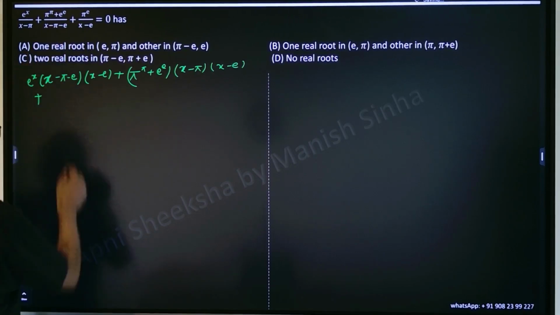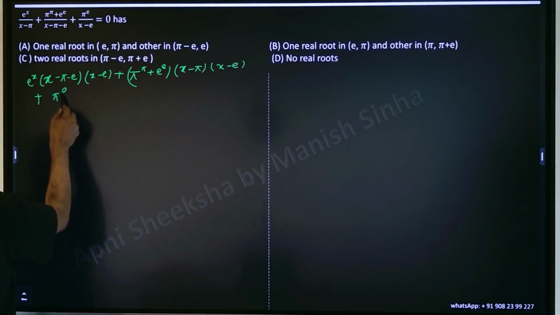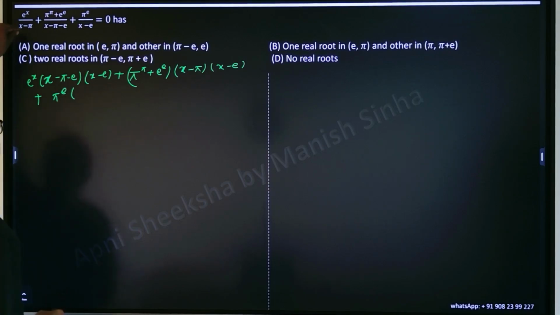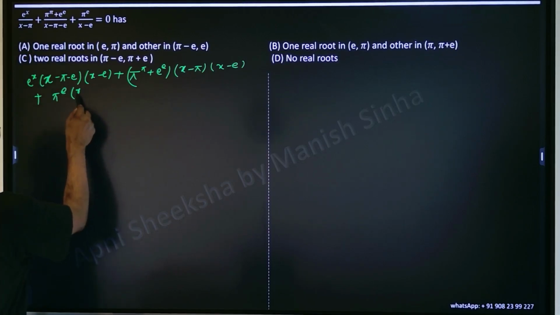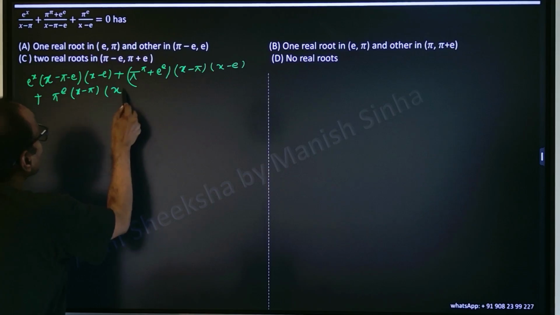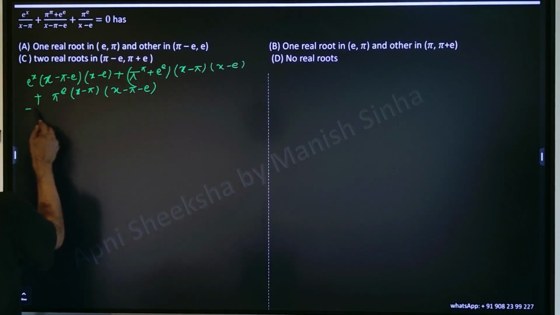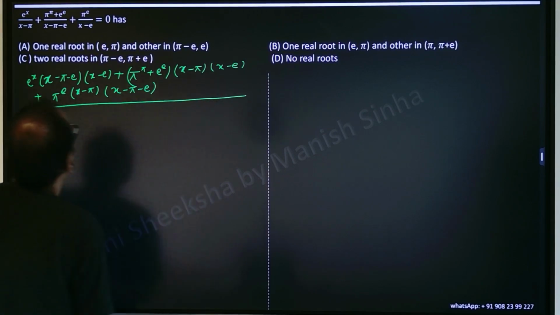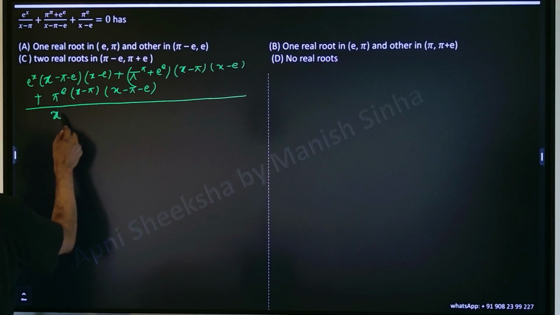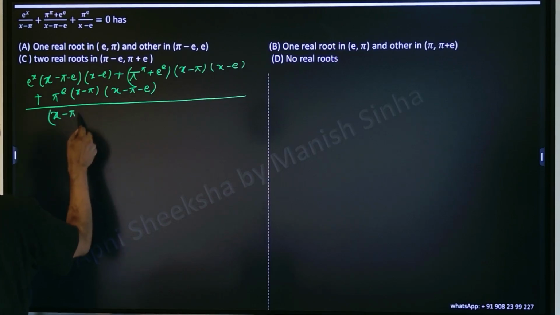With the third term, this and this. So this is the numerator, and this is the denominator.